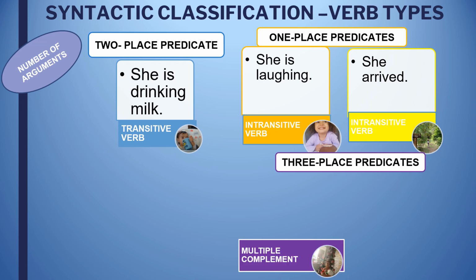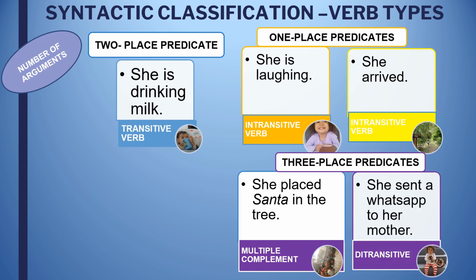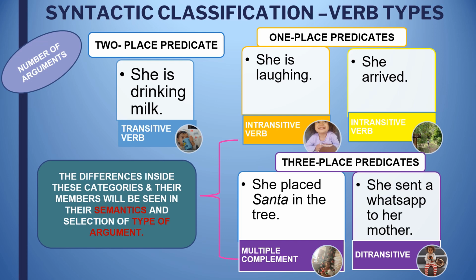Three-place predicates, such as multiple complement predicates, in she placed Santa in the tree, and ditransitive verbs, as in she sent a WhatsApp to her mother. Even though we will go into the differences inside one-place predicates and three-place predicates later, please do remember that the differences inside the members in these two are related to the verb's selection of type of arguments.